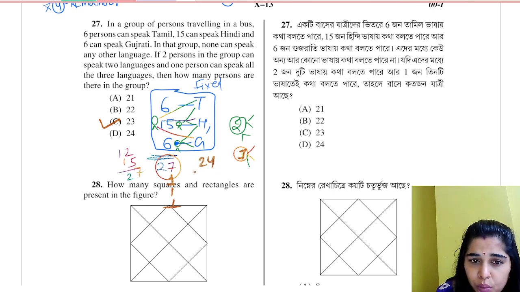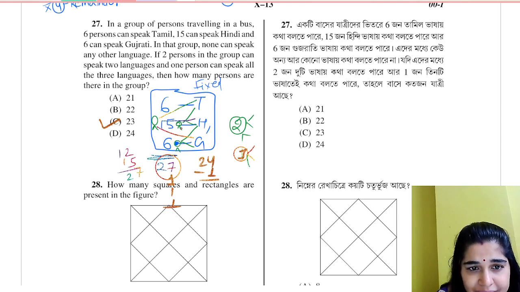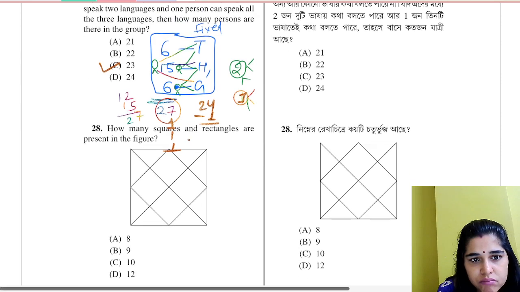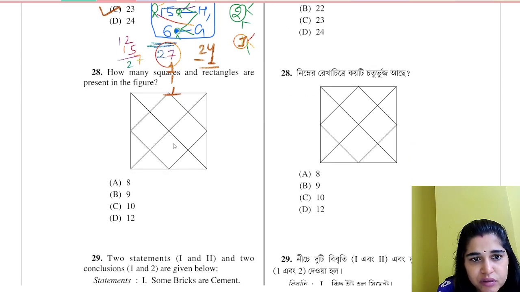But one person more you have to minus because one is considering who is speaking the 3 languages. I will see this question later. Actually, I did this with my conceptual understanding, but I am forgetting now. I don't have any trick for this question.